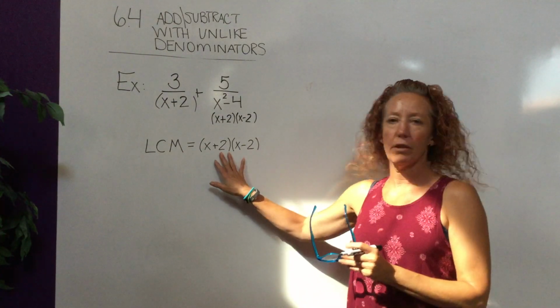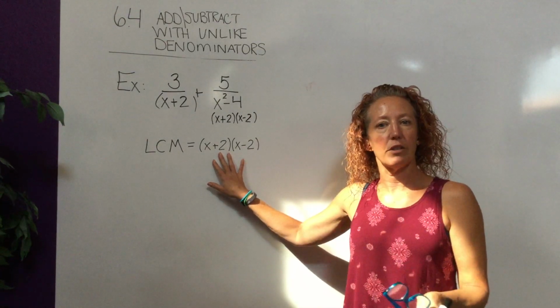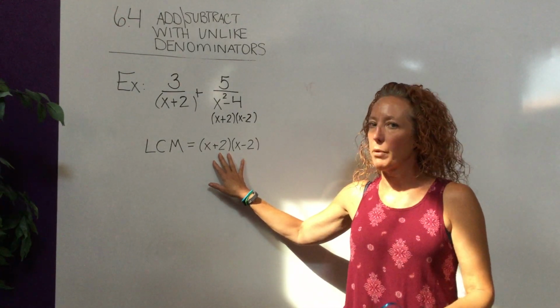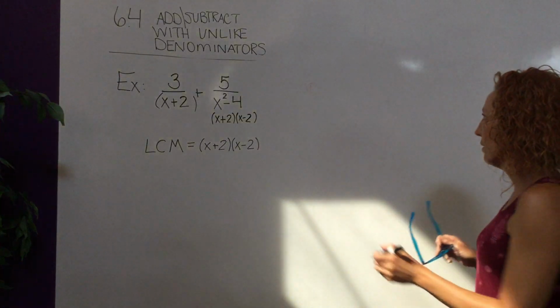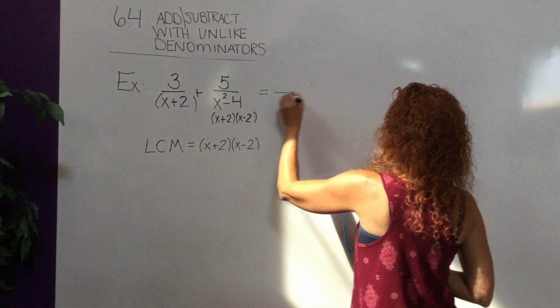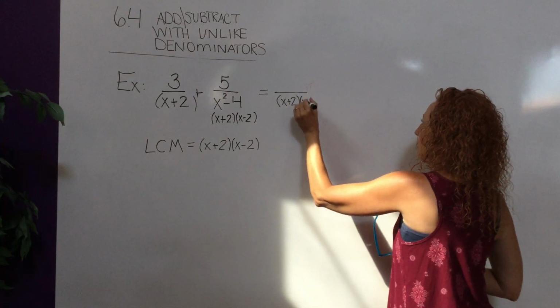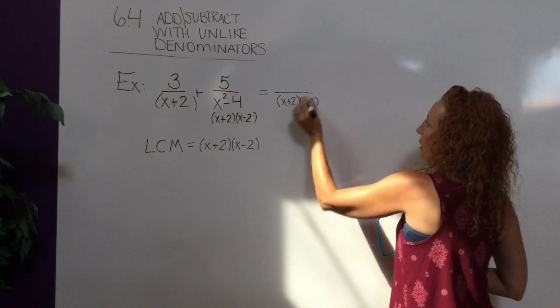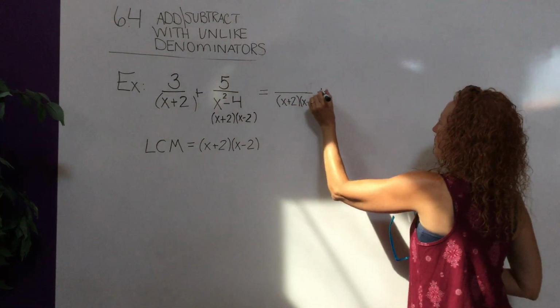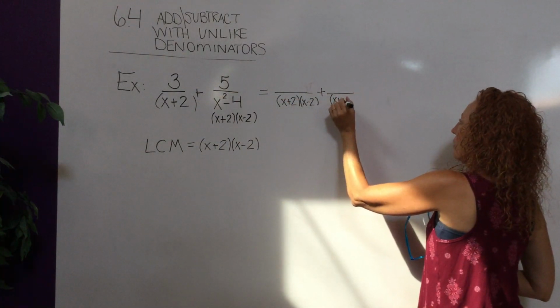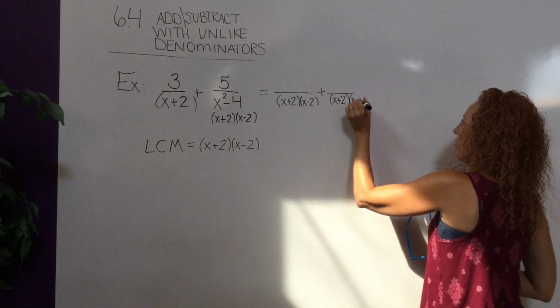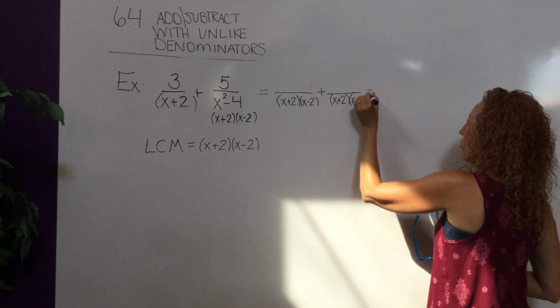So I know this looks much more difficult than just regular constants, but the process really isn't changing. So I'm going to write (x plus 2)(x minus 2). And then this is a positive, (x plus 2)(x minus 2). Don't try to save paper on this lesson, that's for sure.